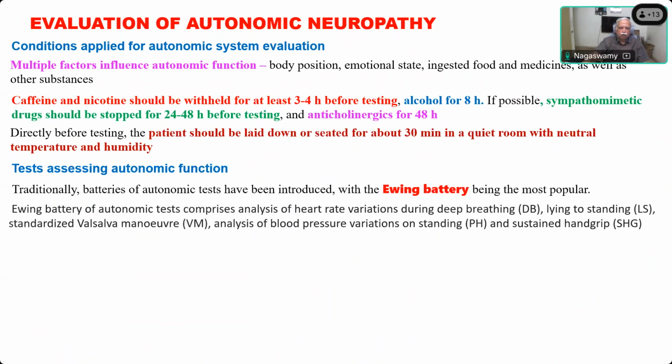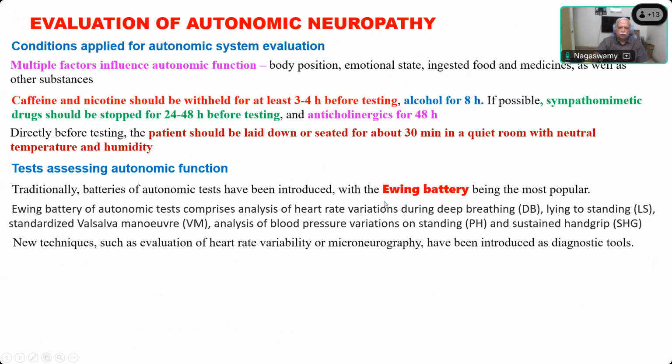It involves variations in deep breathing, variations in blood pressure and heart rate in lying and standing position, the standardized Valsalva maneuver, analysis of blood pressure response to sustained hand grip. And newer techniques like heart rate variability and microneurography are being introduced.